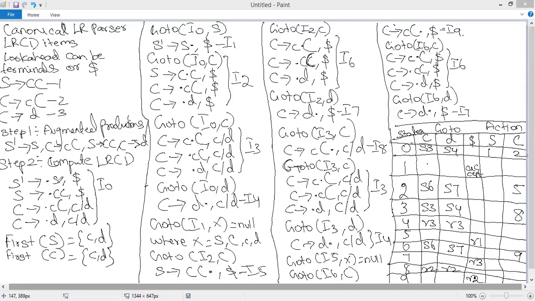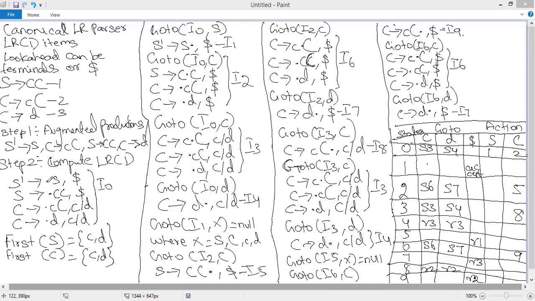So dot S comma dollar, where the dollar is the look ahead symbol. We mention dollar because at the initial stage, for all problems, for the augmented grammar, the look ahead symbol will be dollar.